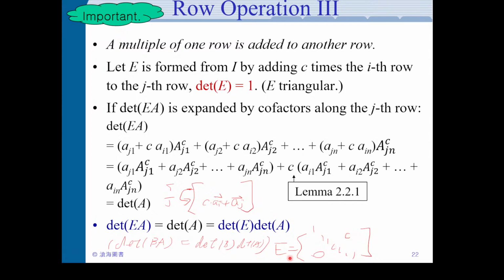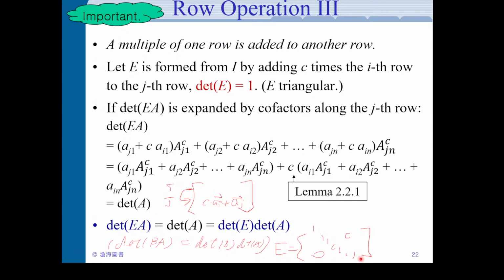But this is obviously always a triangular matrix, and we said a triangular matrix has its determinant equal to the product of its diagonal. Because the diagonal entries are all 1, the determinant of this third elementary matrix is 1.